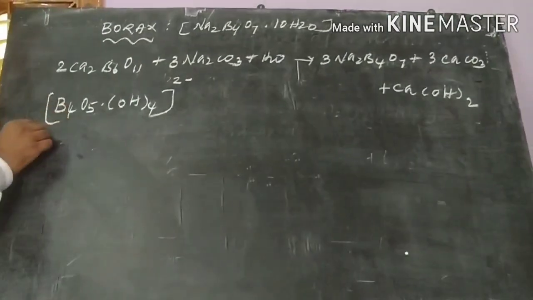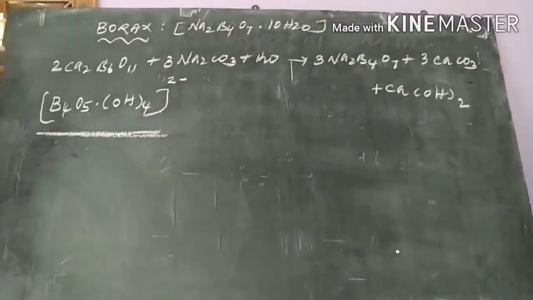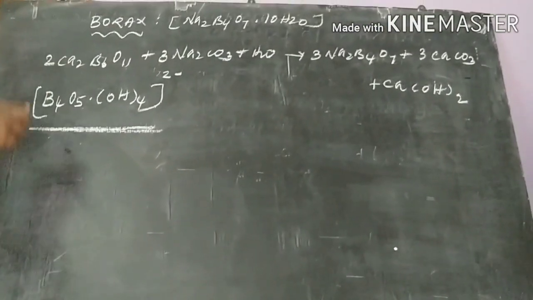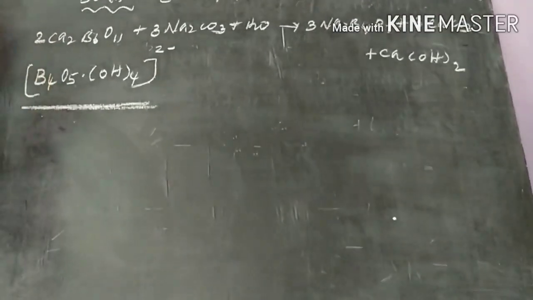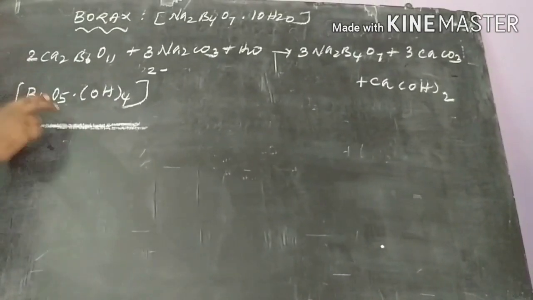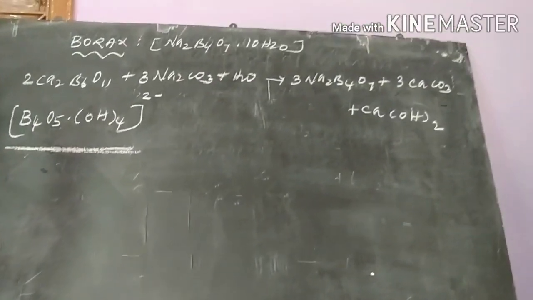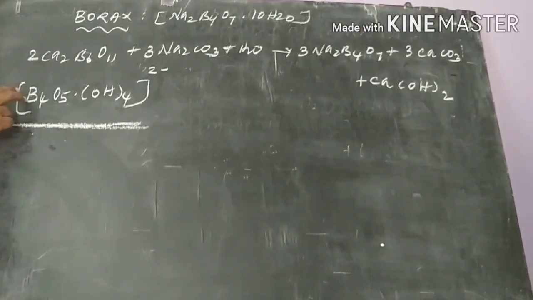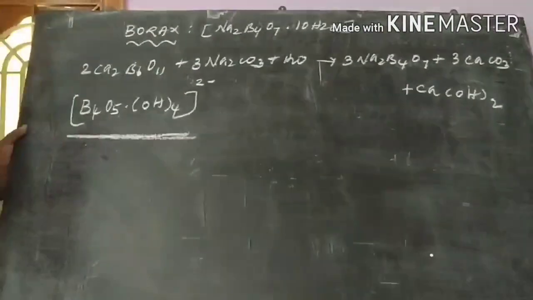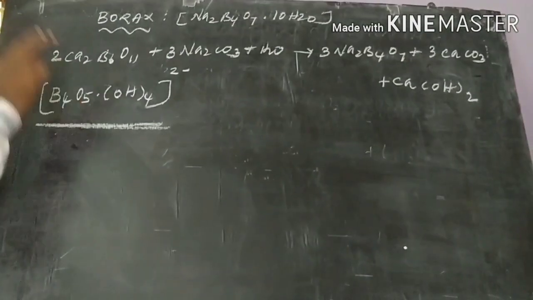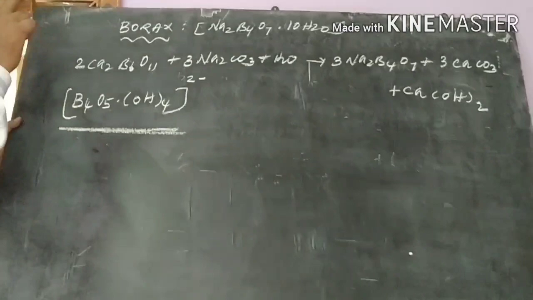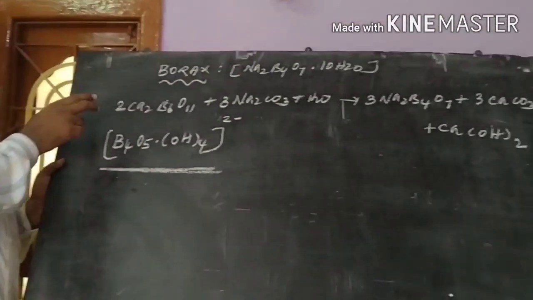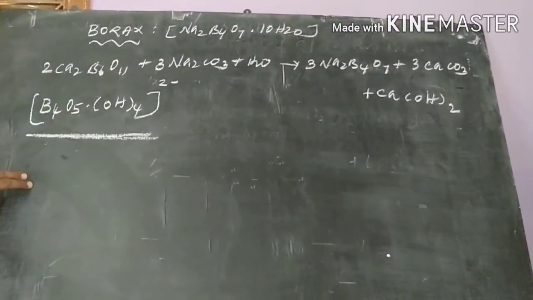This form is known as the prismatic form of borax. That is very important. That is a tetranuclear unit, B4O5(OH)4 2-. This form is known as prismatic form of borax.